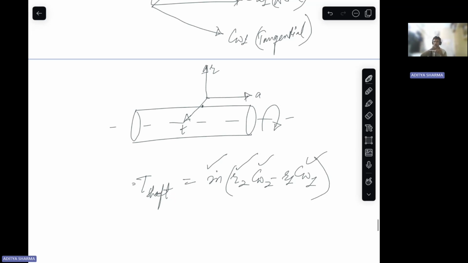There will be no movement in this direction. So this has been discussed in your lecture. The same is for here between these two dots. This is your C tangential and this is your radial. Okay, I hope you are able to imagine.